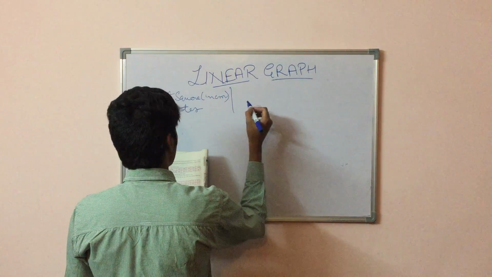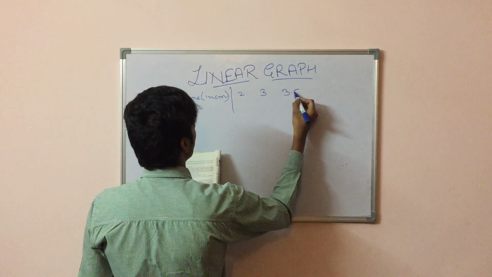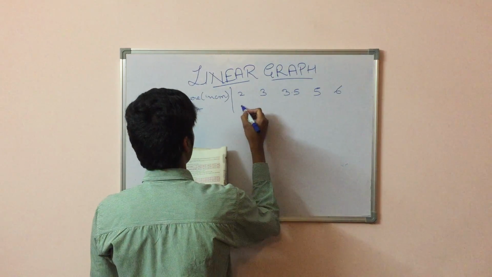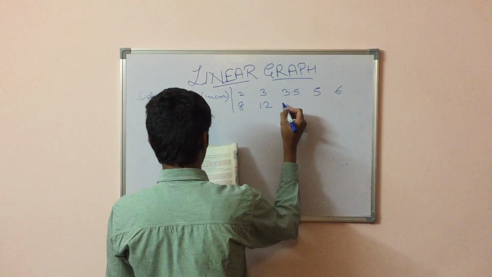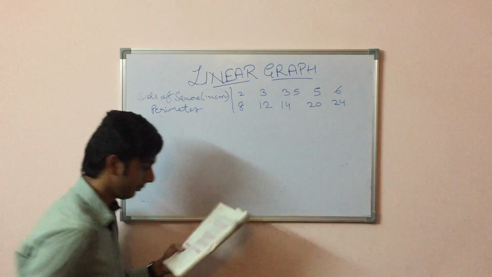The values are 2, 3, 3.5, 5, 6, 8, 12, 14, 20, 24.